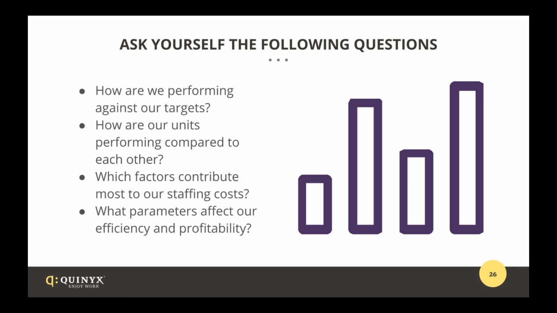And the last one, which parameters affect our efficiency and profitability? So there's a million things you could measure probably in your business. It really comes down to, you need to boil down and see what are the most important ones.